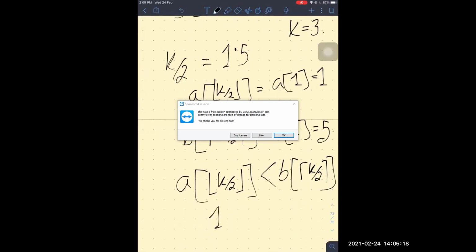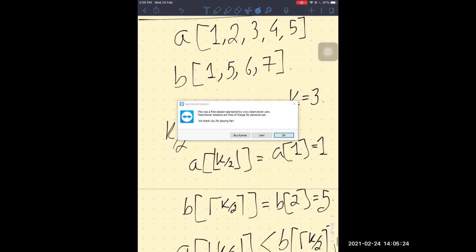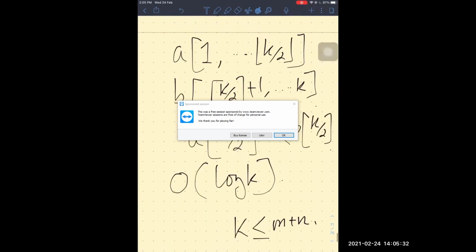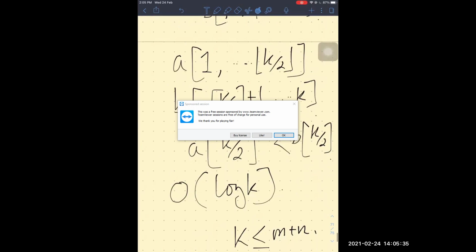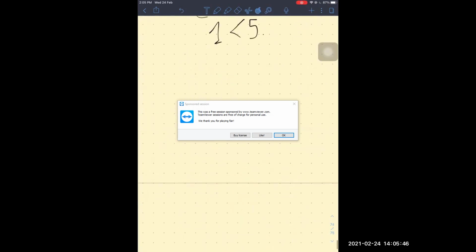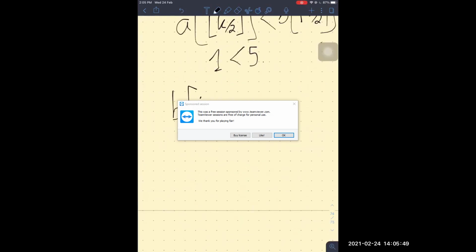Then we have to find the third smallest element, which must lie between that limit. So here these two will get exchanged, and the limit will be b1 to k divided by 2 and a.